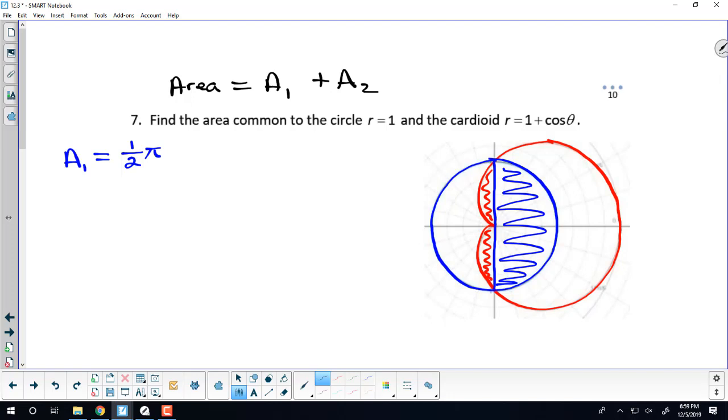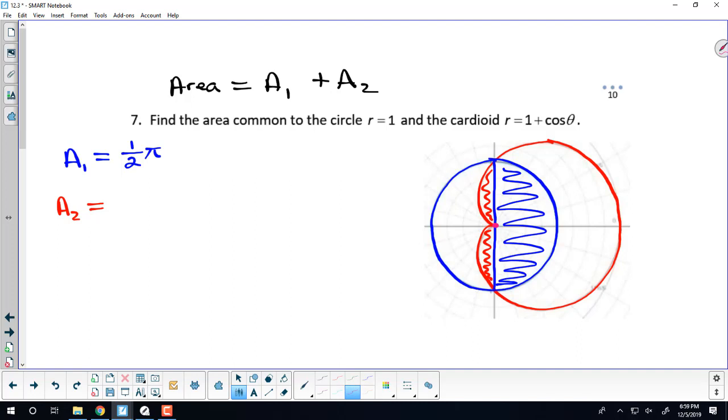So then what we have to determine is what is the area here in red from the cardioid. So again, you've got to envision these rays from the pole here.